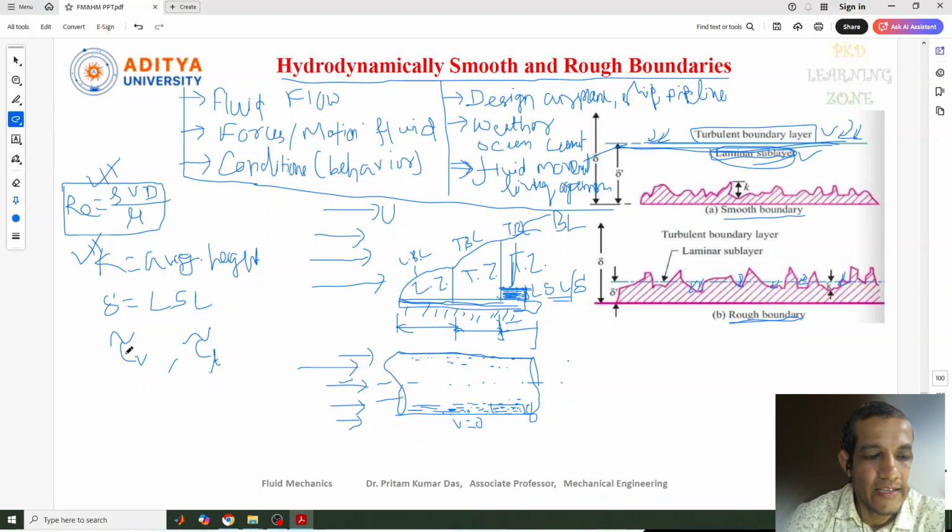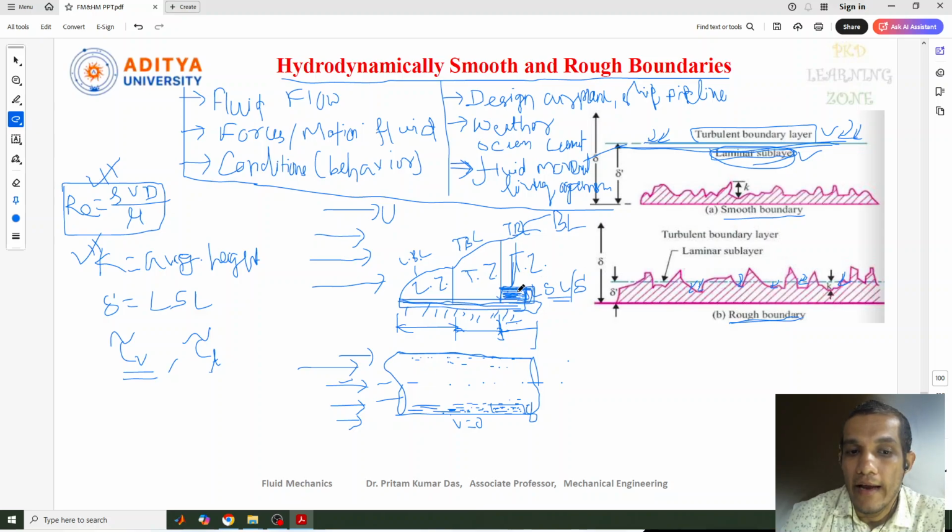Now in this viscous region, the turbulence will be negligible. You can see at this region turbulence is not there, only the laminar sublayer is there. So there is an effect of laminar flow, that means the flow here is laminar. That's why it is called the laminar sublayer. Why is it happening? Because of the viscous effect, and at this condition there will be no turbulence effect. This zone and this portion is known as the laminar sublayer. Already I told you these things, so again you can remember: this is the laminar sublayer.